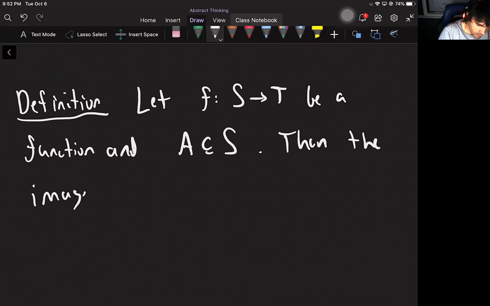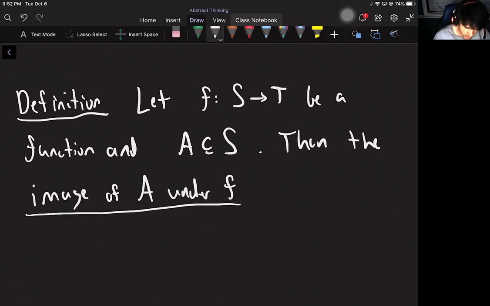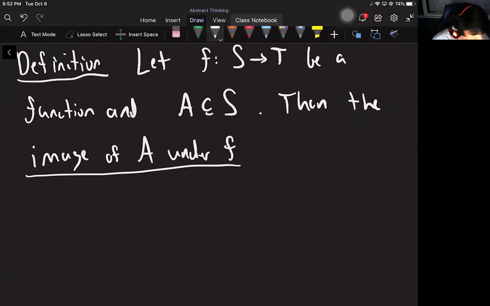And I know we've used the word image before, but this is called the image of A under F. But if you already know the function is called F, you just maybe shorten it to the image of A if you don't care what the function is called. So this is the set that we just described, the set you get by sending the elements of A across.